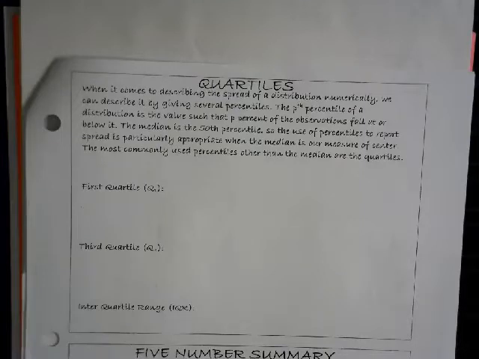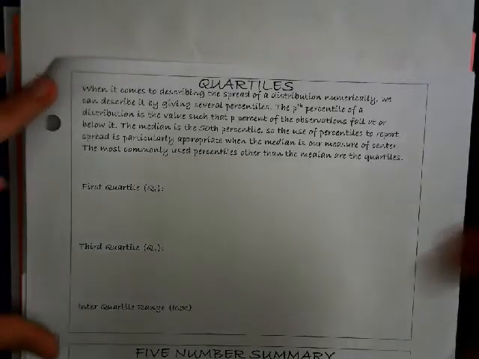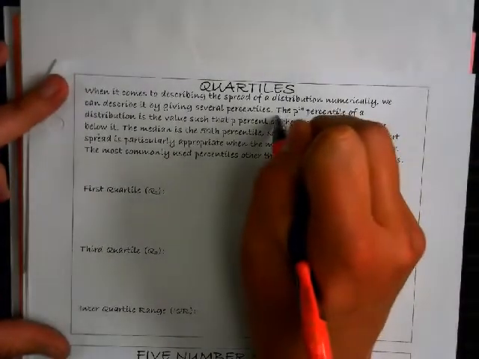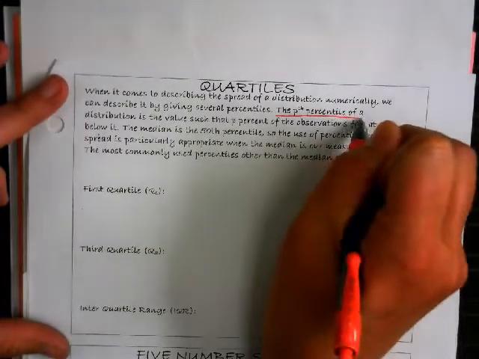Thank you, ma'am. All right, so a couple key things in there. The p percentile of a distribution is the value such that p% of the observations fall at or below it.